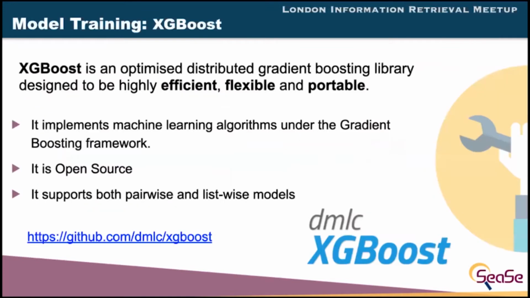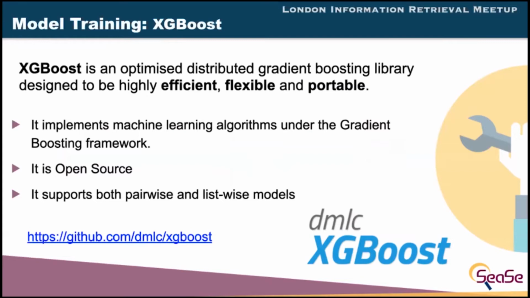Now we can start with the model training part. We decided to implement learning to rank using one of the most widely used open source libraries called XGBoost. It is an optimized distributed gradient boosting library designed to be highly efficient, flexible, and portable. It implements machine learning algorithms under the gradient boosting framework, available for Python or other programming languages.